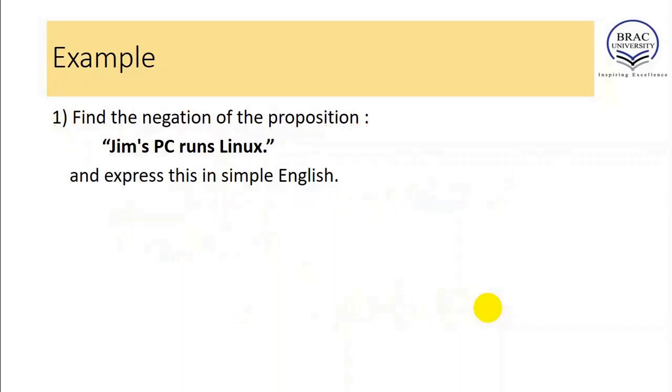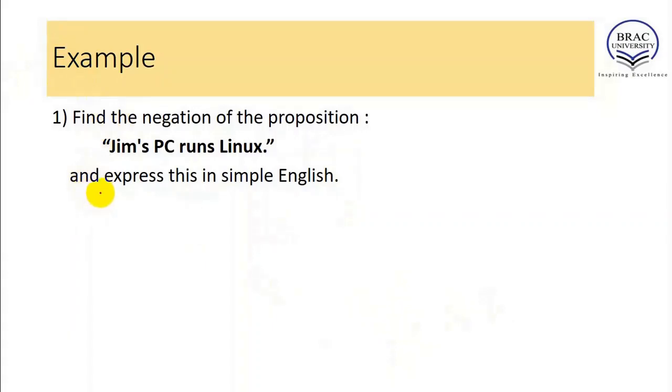So let's do some negations. Find the negation of the proposition Jim's PC runs Linux and express this in simple English. So we already know how to write a negation.